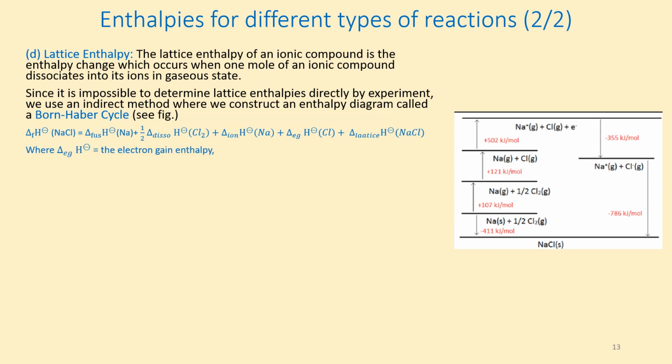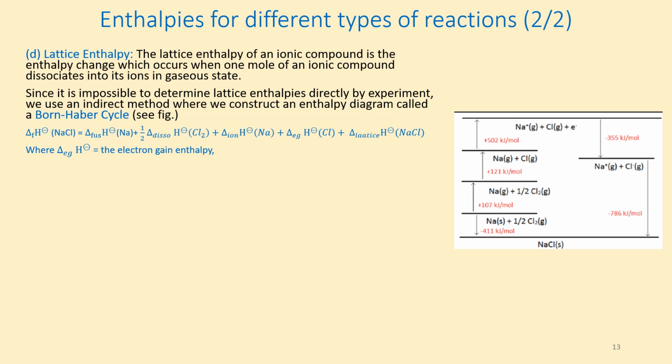The next one is sodium gas to sodium plus gas plus an electron, that is, it loses one electron. That is the ionization of sodium atoms, ionization enthalpy, whose value is delta i H naught equals 496 kilojoules per mole.